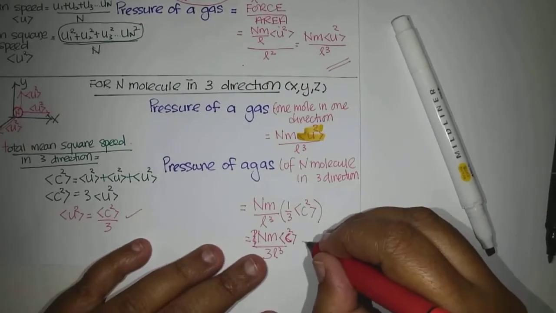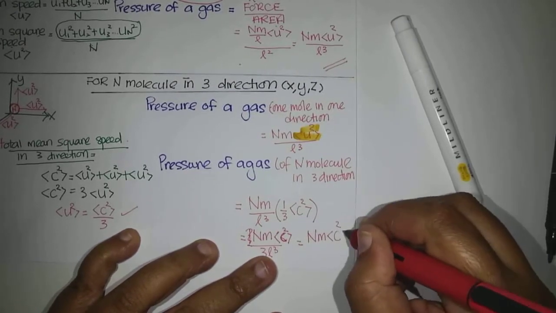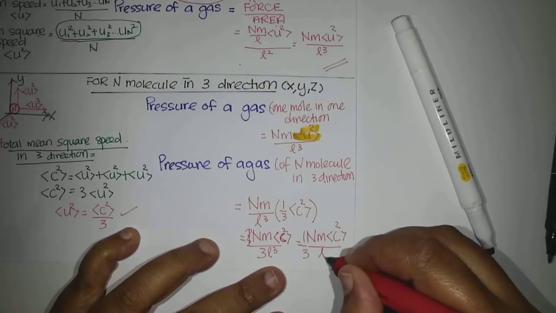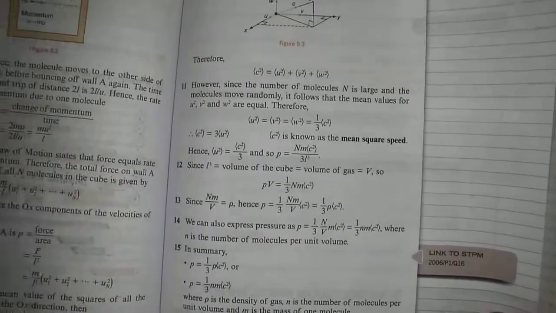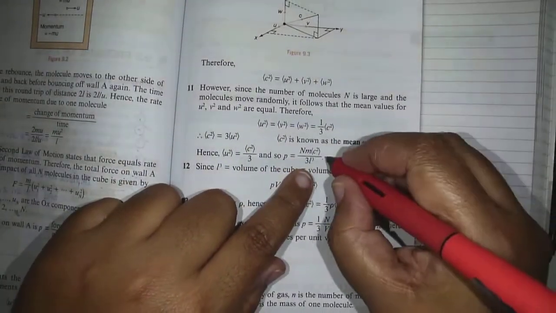I didn't write it properly, so I will write it down for you properly. So this will be the formula. If you look at your textbook, you will get the formula 1 over 3 N m mean square speed.